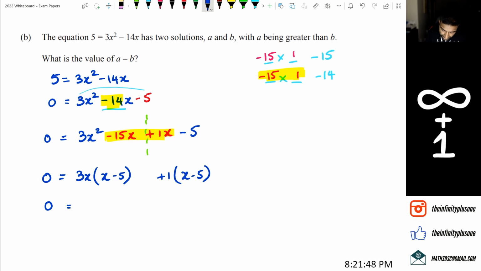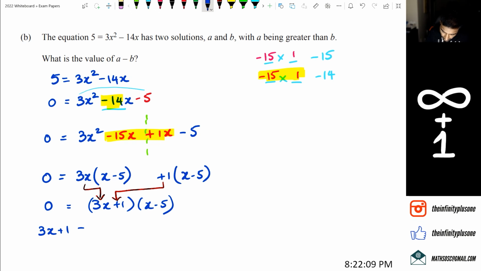So what I then have is (3x plus 1) times (x minus 5), because x minus 5 is a common factor between both of them. The 3x comes from there and the 1 goes to there.